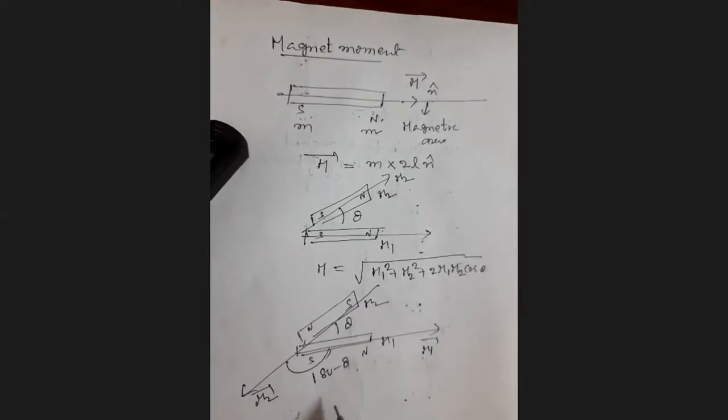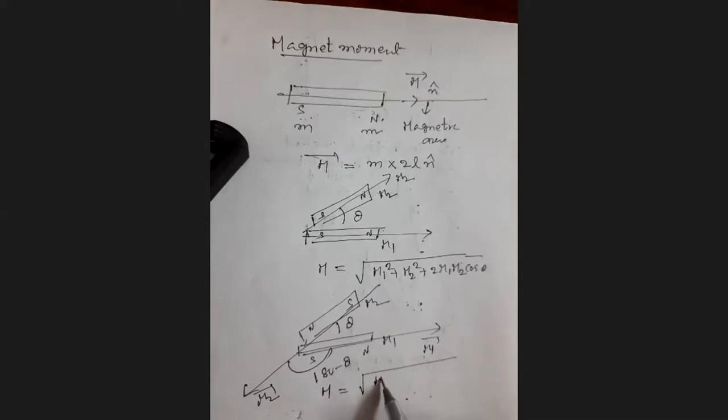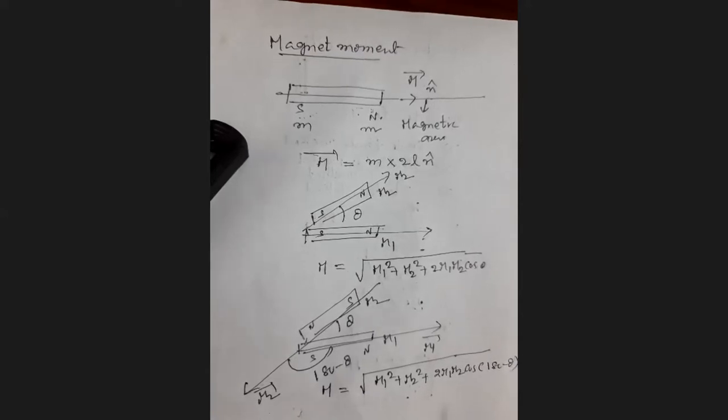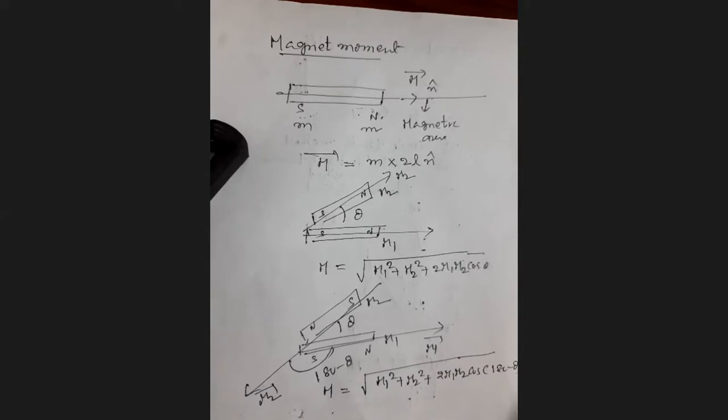Again, to calculate the resultant magnetic moment, you take the above formula, M1 square plus M2 square plus 2M1 M2 cos of 180 minus theta. From this, you can calculate the resultant magnetic moment.